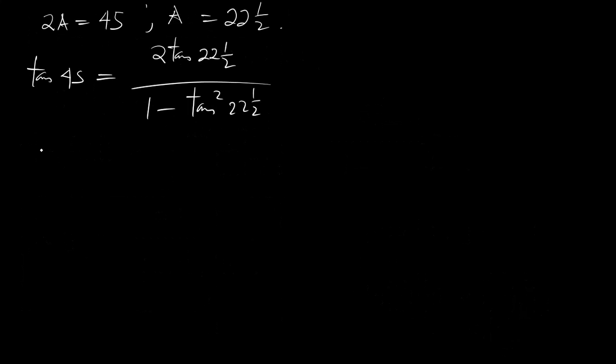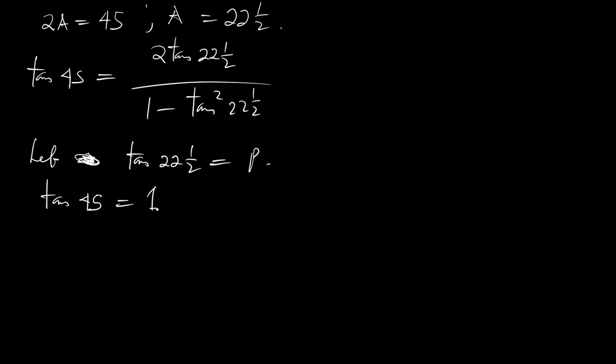So now let tan 22 and a half be equal to p. Wherever we see tan 22 and a half, we put p there. Then we know that tan 45 is equal to 1.